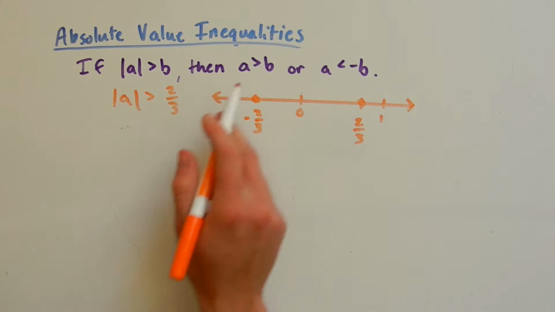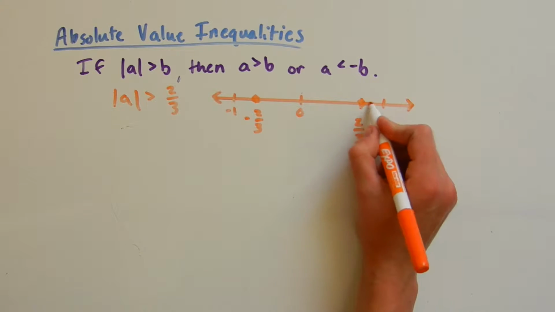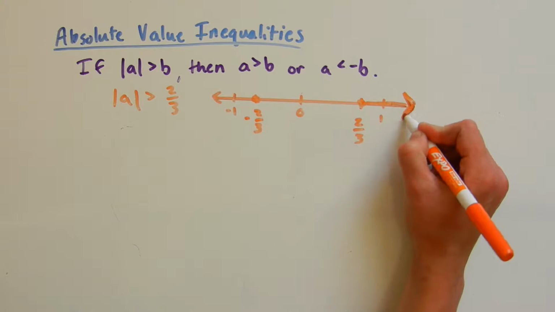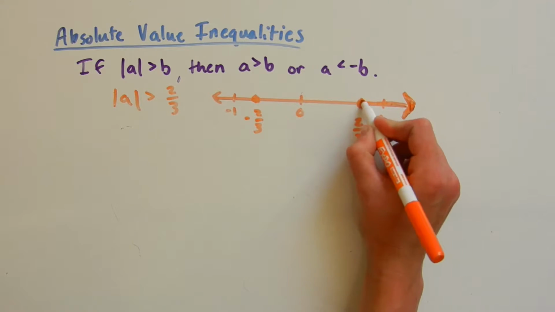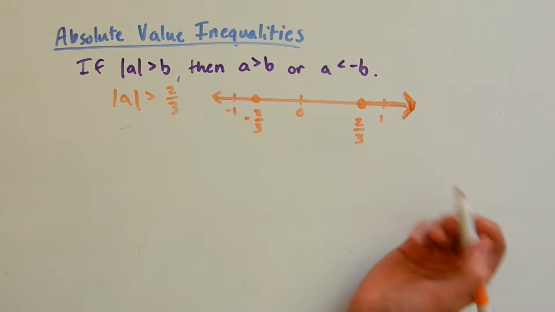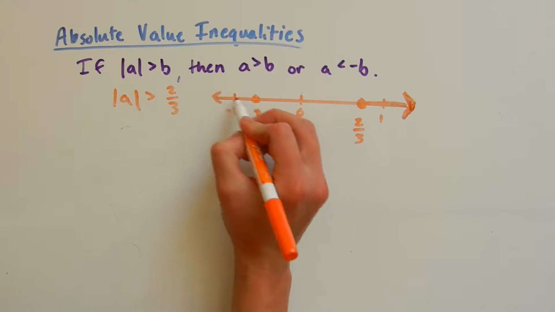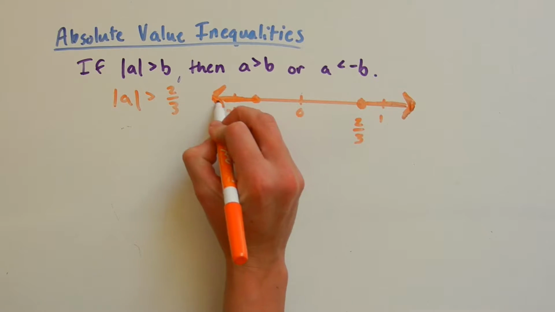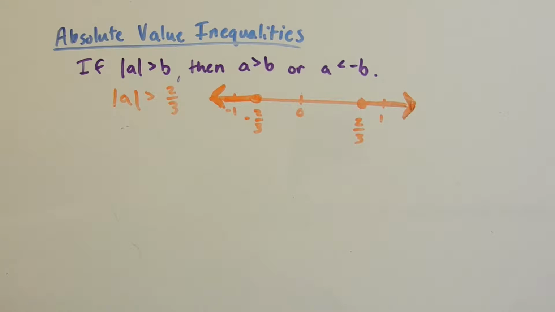And you can see A is greater than B, so we're going to shade everything to the right of 2/3. A is less than negative B. We're going to shade everything to the left of negative 2/3.